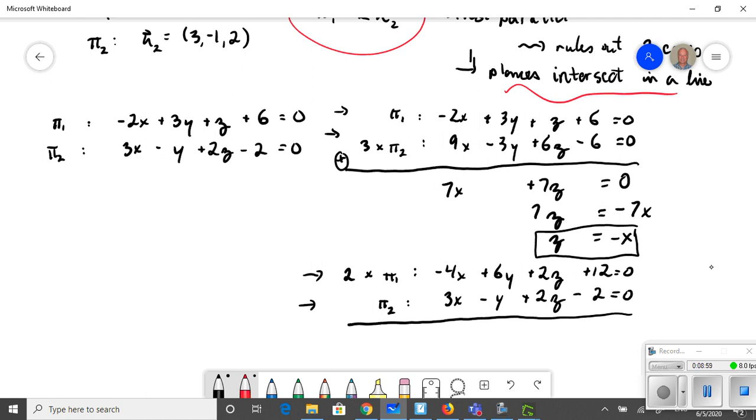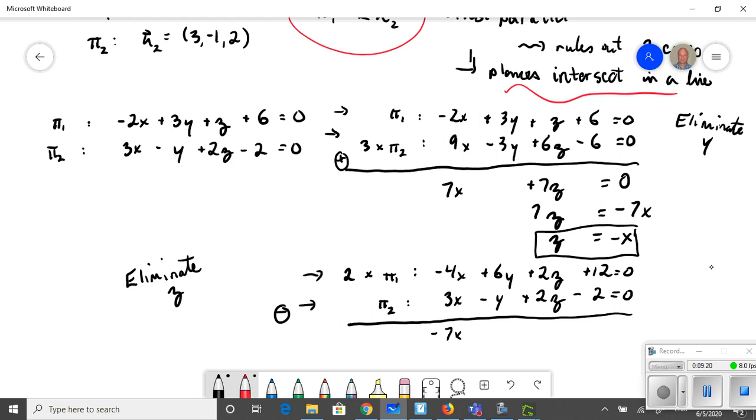If I want to eliminate z, this one was eliminate y, so if I eliminate z, I need to subtract. So I'm going to subtract these, and that's going to eliminate the z's.